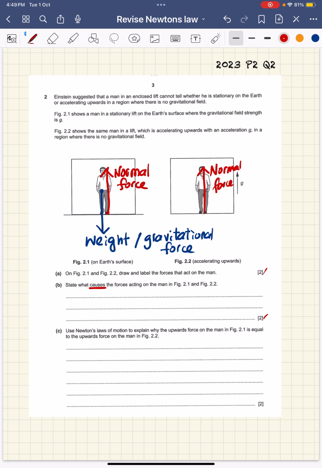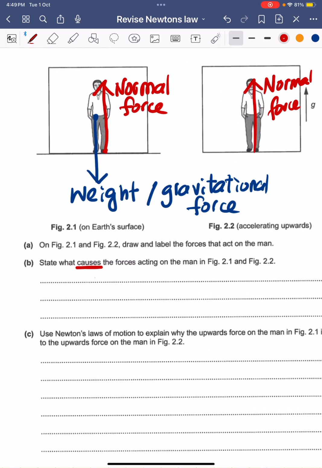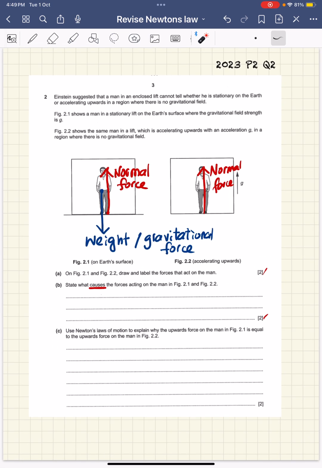The question is not looking for an explanation of how the forces come about, or why the forces are a certain value. Therefore it does not require you to apply Newton's laws first, because Newton's laws of motion are required in part C. So for part B, you do not need to invoke Newton's laws of motion.